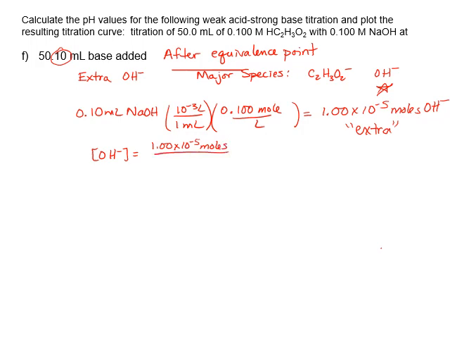So we had 50 milliliters plus 50.1 milliliters gives us a little over 100 milliliters, or 0.1001 liters. This gives a concentration of 9.99 times 10 to the minus 5 molar.